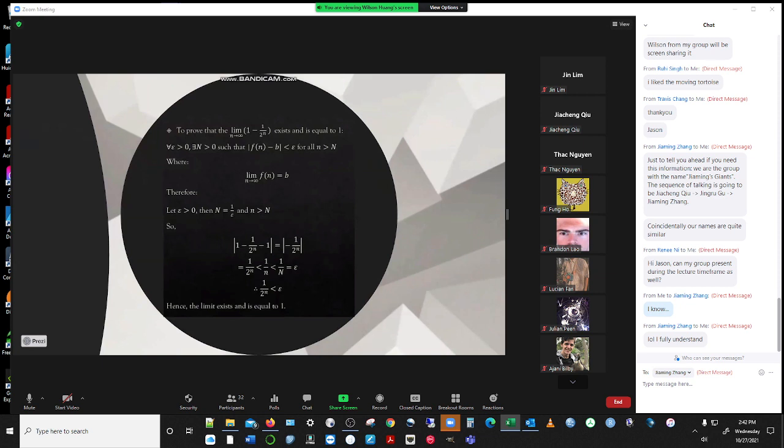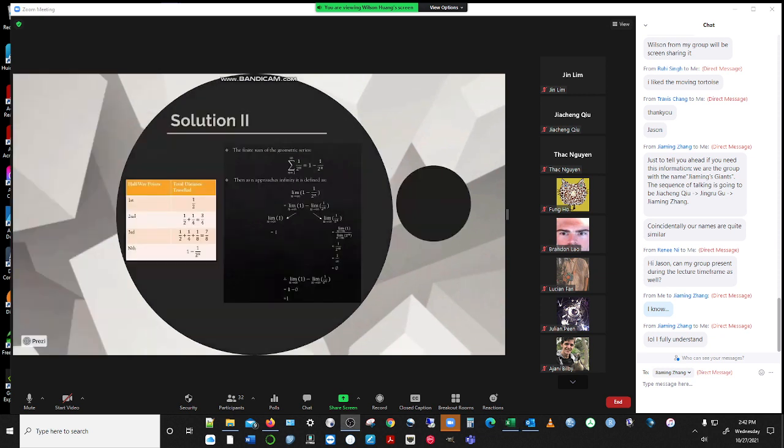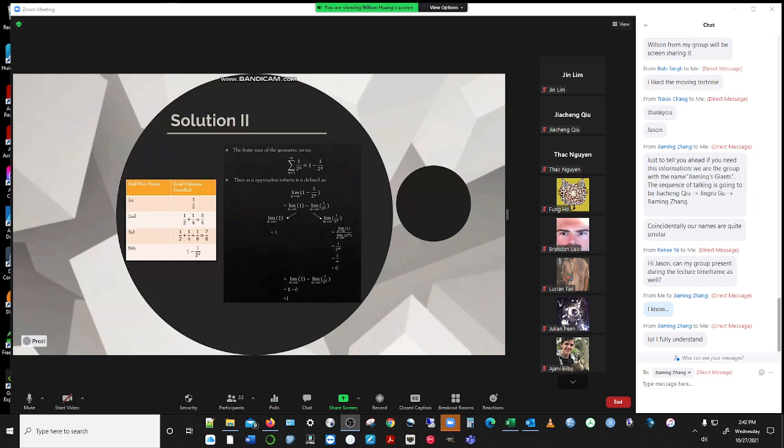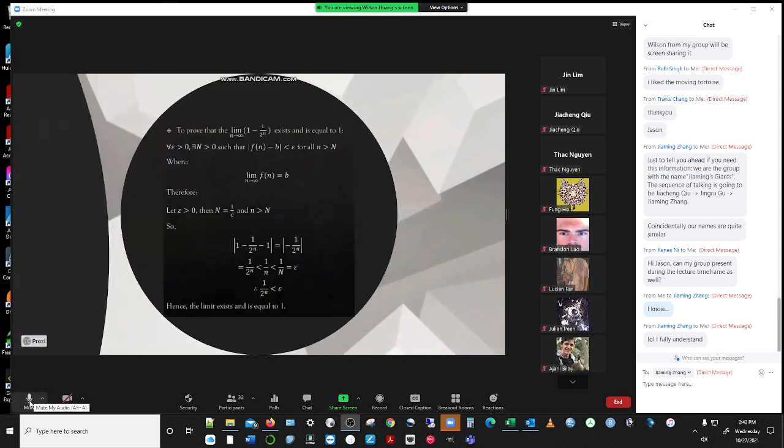This is quite similar to the epsilon delta definition, but instead of using delta, we use capital N because we need some large integer rather than delta, which is a very small number.